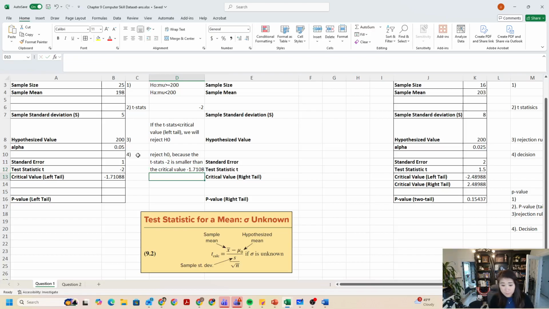That is the answer for question number B. We actually end up rejecting. Now let me show you the other approach, which is the p-value approach.